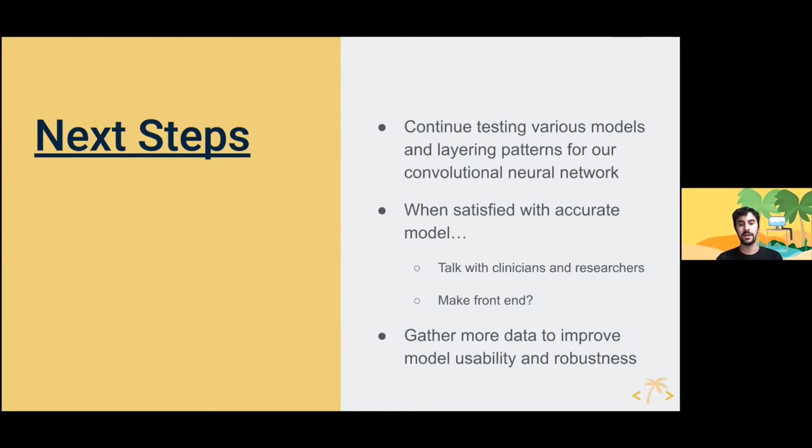And then make a front end for it, so you build this out into a robust tool for people to go on and submit images and maybe see some sort of analysis. I think there's a lot of room for where we could take this. And then finally, gather more data, of course, to improve model usability and robustness.